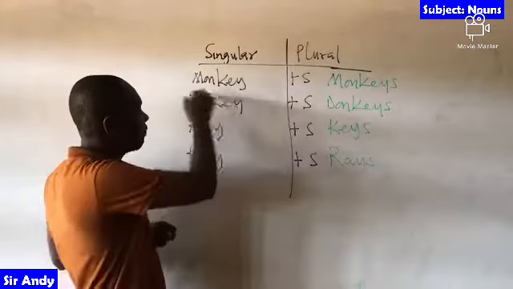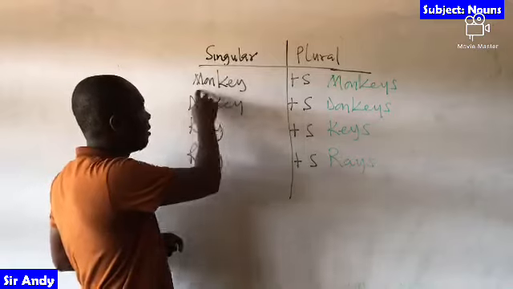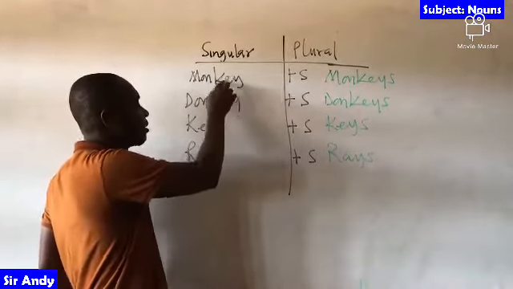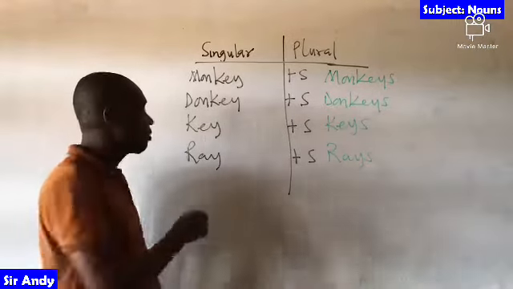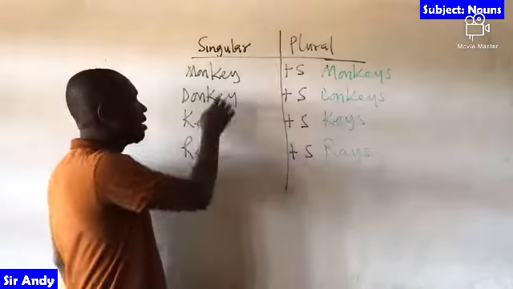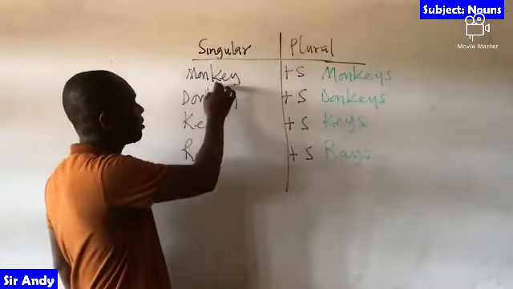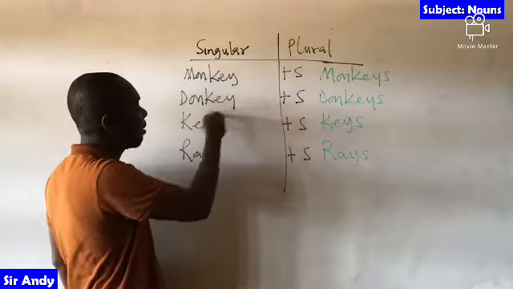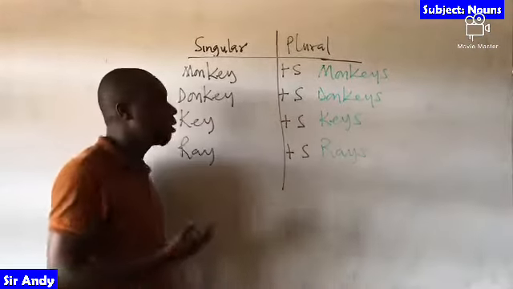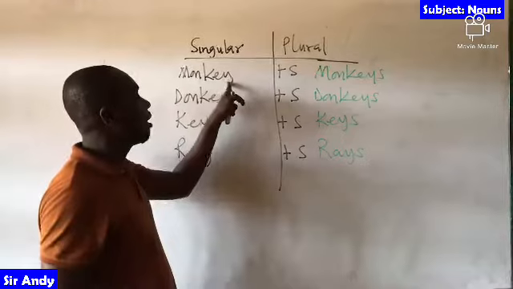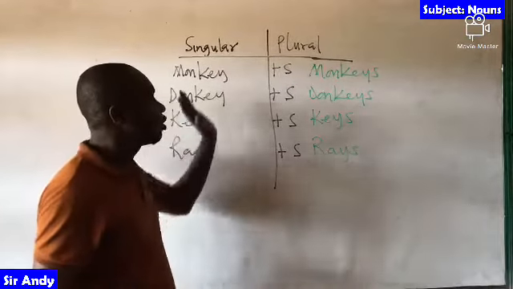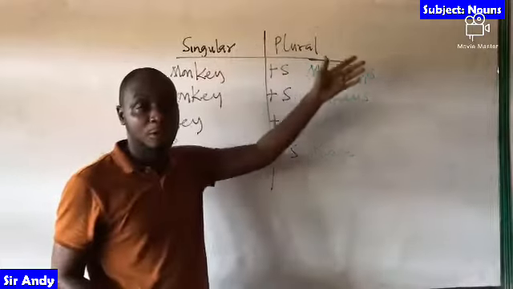In words like monkey, the y is coming after a vowel sound, because e is a vowel sound. So you don't take away the y, but rather add s.